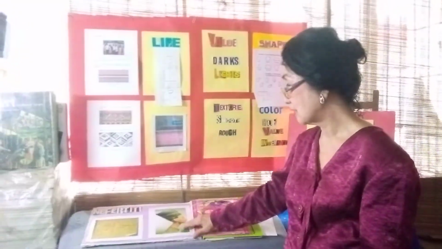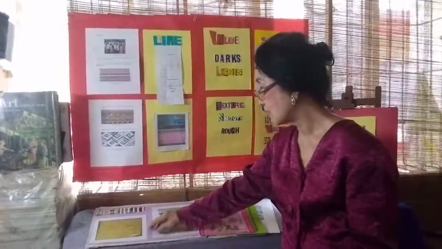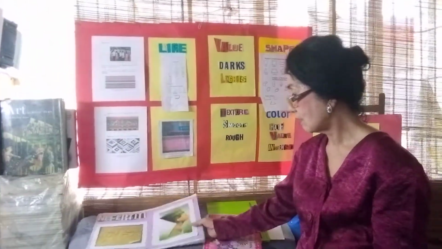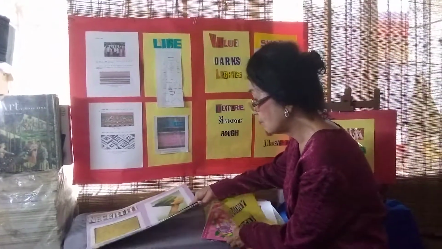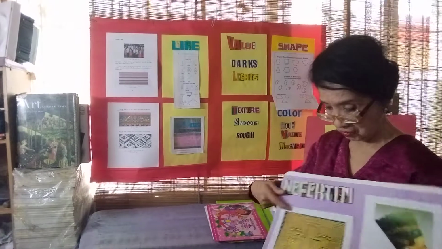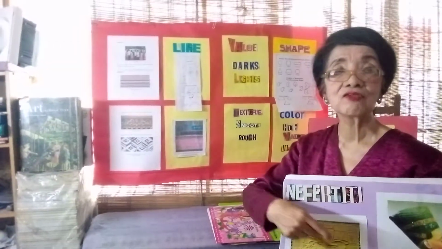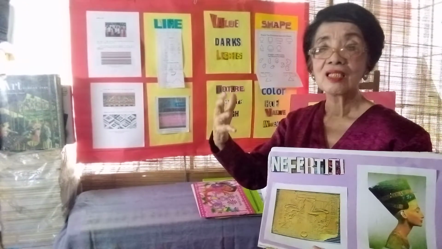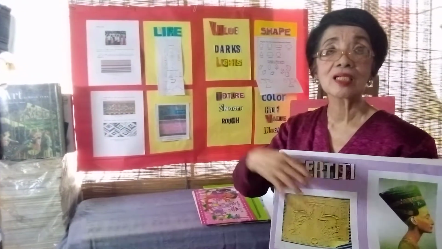Now in Nefertiti, in the sunken relief, the balance was on the male and the female. Now it would not have been a unique thing if it just remained as the queen and the king.